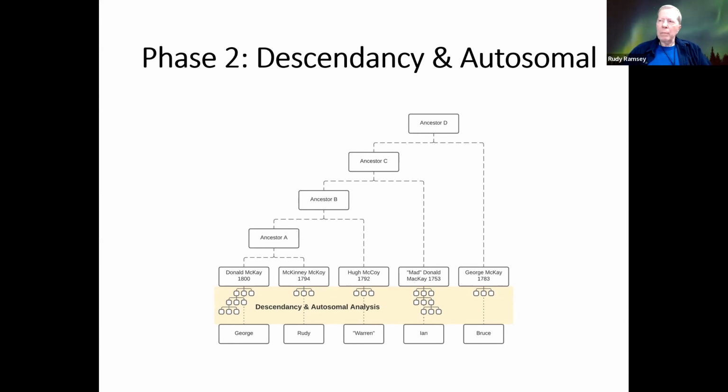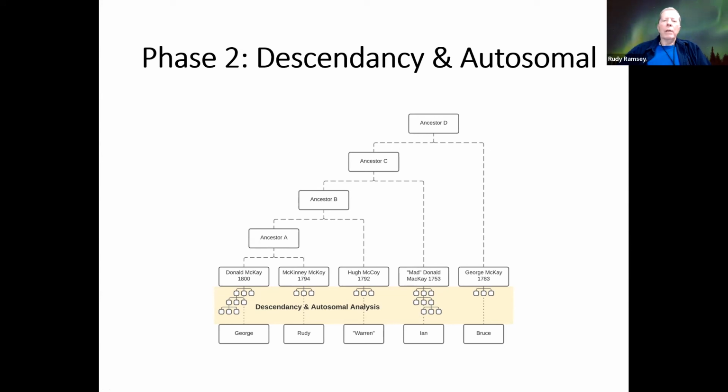Now it happens that we've started doing these descendancy analyses, but in one line, this line, Mad Donald McKay, there are 2 genealogists in that family who have done a lot of descendancy work already. And they're nowhere near down to 1960, but I used their trees to build a private searchable tree of my own on Ancestry.